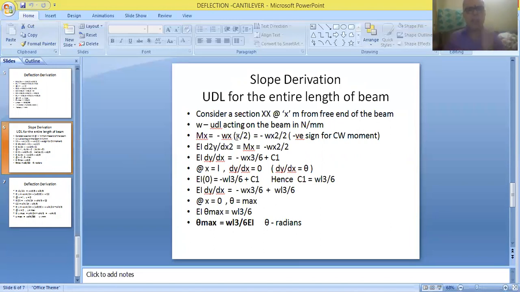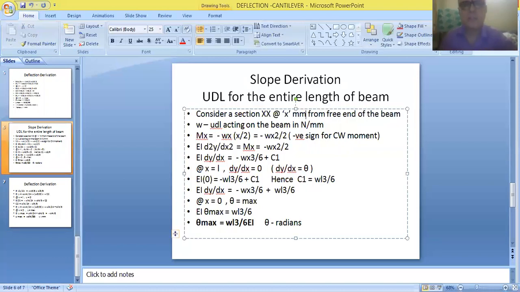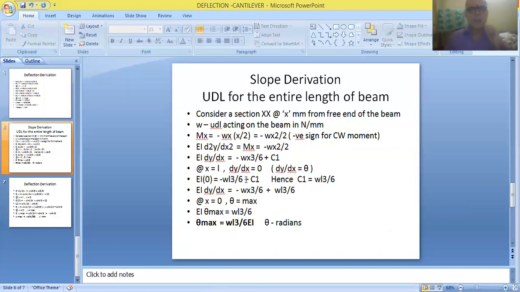So this UDL has to be taken for a distance of x millimeter. Sorry, my dear friends, it has to be taken as millimeter, always as millimeter. Now it is becoming wx, acting at midpoint x by 2. So Mx will be minus wx square by 2, the negative sign for clockwise moment.